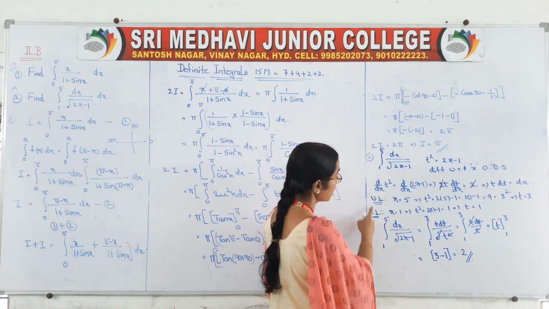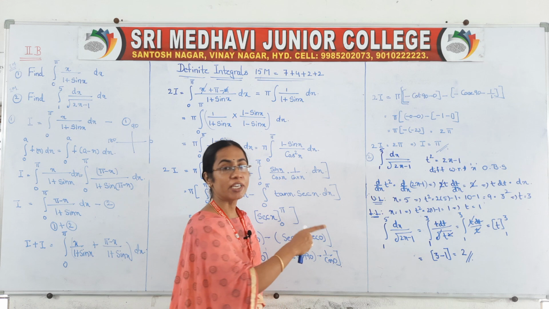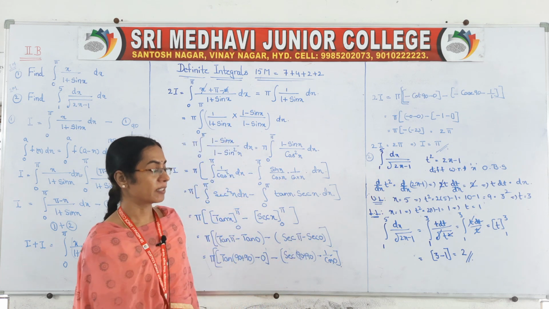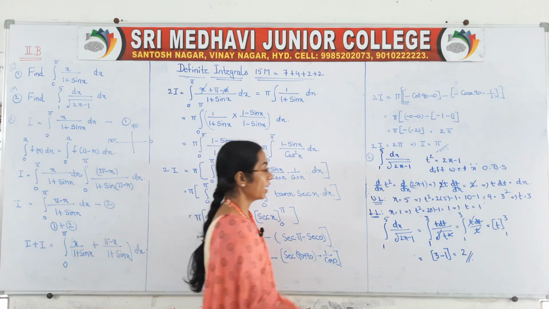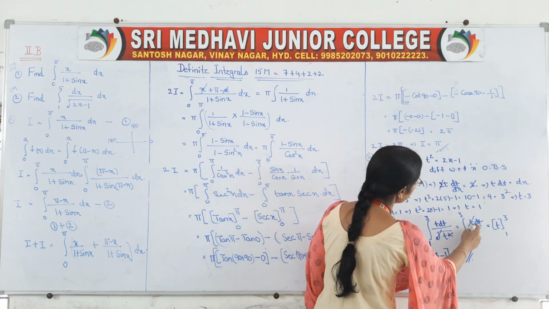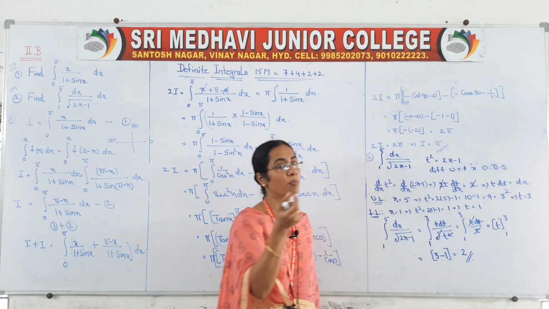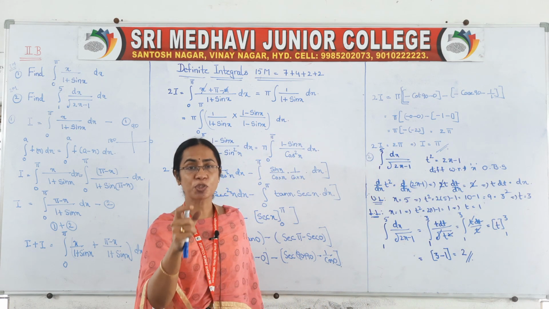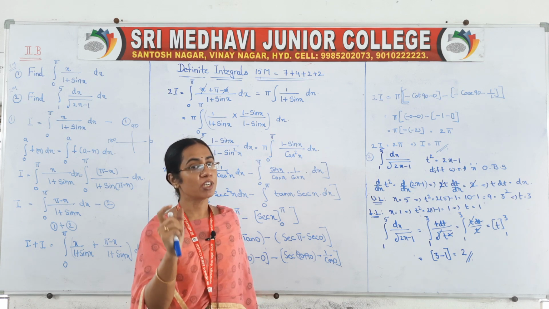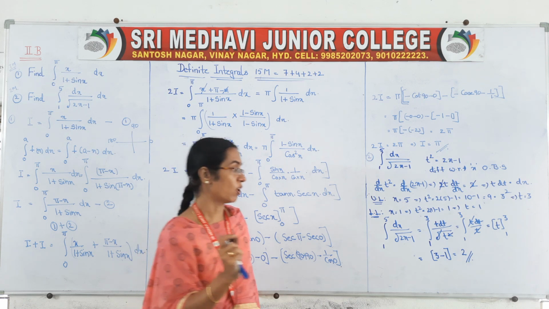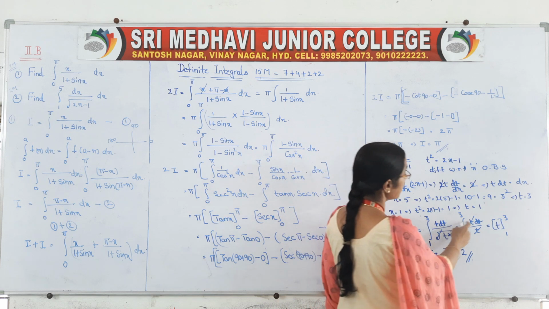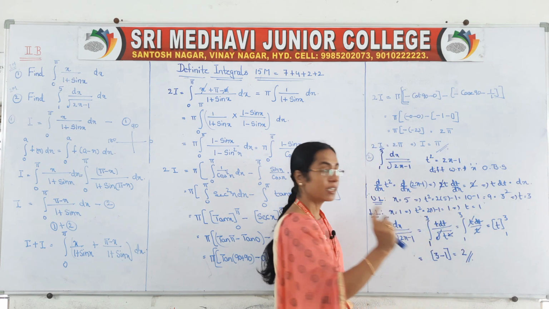Now once we have the lower and upper limits, you take the original problem and substitute. So finally we get integral dt, again in a standard form. After taking substitution, at the end you will get one standard formula form, right? So integral dt is t, just like integral dx is x.